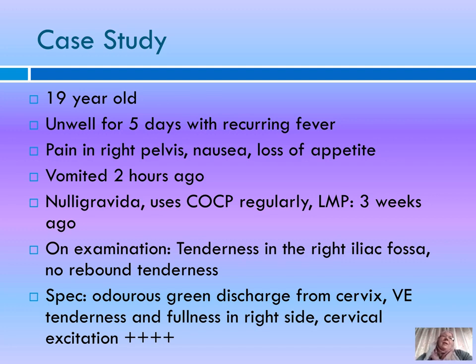On examination, there's tenderness in her right iliac fossa, but no rebound tenderness. Speculum examination reveals an odorous green discharge from her cervix. There's tenderness during the vaginal examination, and also a fullness on the right side, and there's definite cervical excitation. What is the diagnosis? I think you can make the diagnosis from this patient. What is her diagnosis?